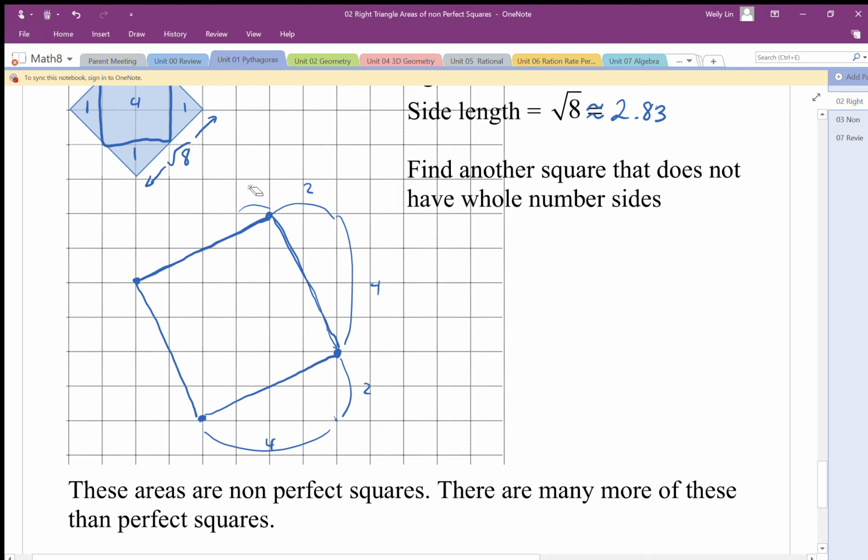Okay. What might be an easier way to see this is in the triangles that are involved. So if I draw a right triangle here, this right triangle, 2 and 4, this right triangle, 2 and 4, this right triangle on the outside is 2 and 4, and this right triangle on the outside is 2 and 4.